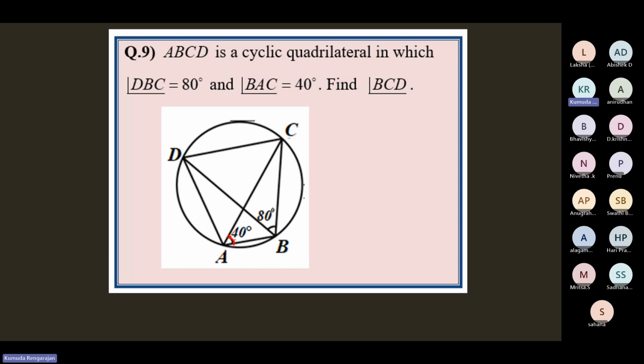Using this 40, we find this one. Then in this triangle, you know two angles, so you can find the third one using the angle sum property.